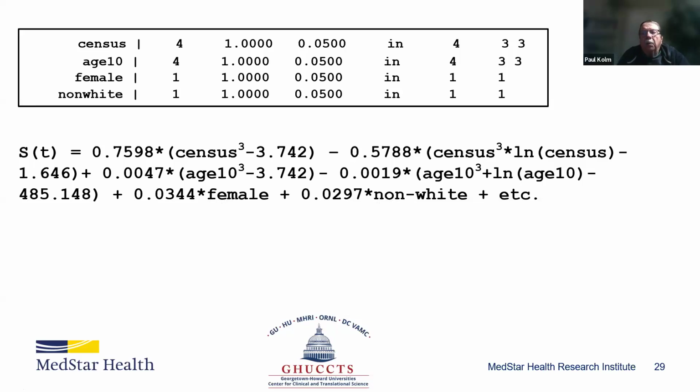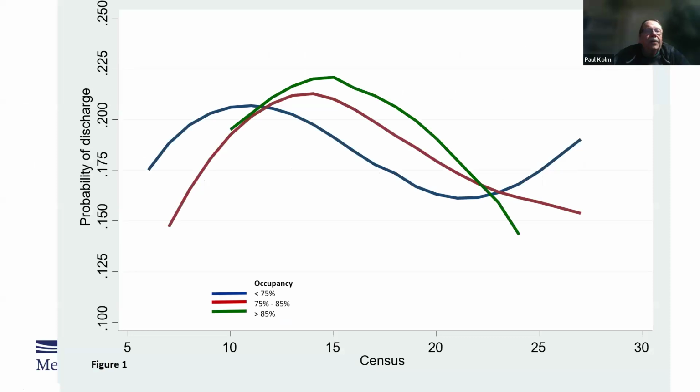So what we really want to see is a plot of these survival functions. Because we had a significant interaction between census and occupancy, the first plot here is a plot of the probability of discharge as a function of the census, or the physician workload.